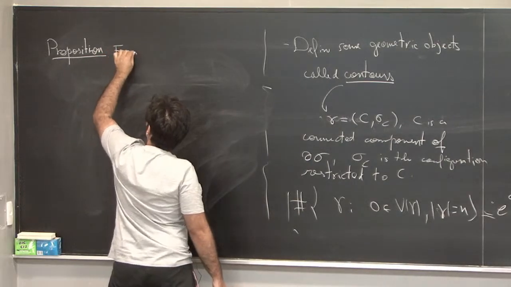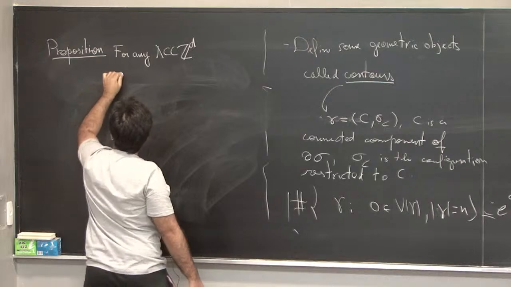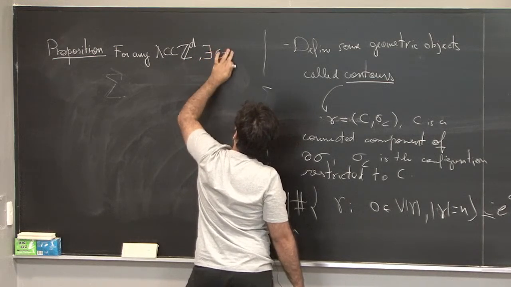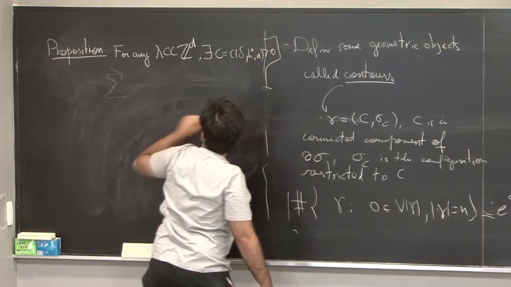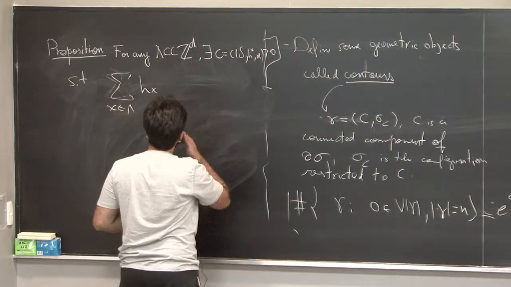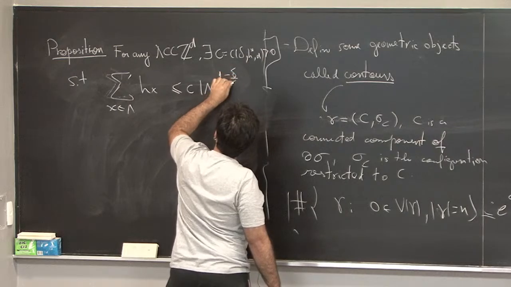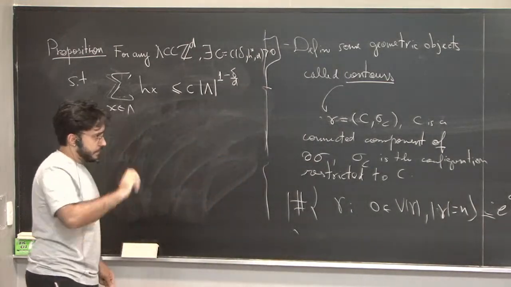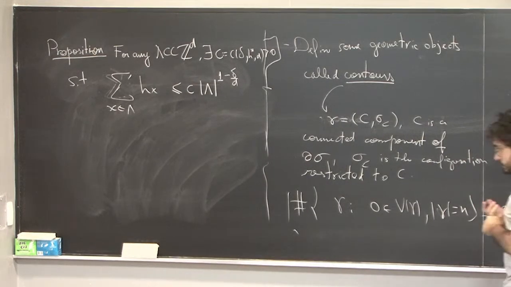For any finite subset lambda of Z^d, there exists a positive constant, which can depend on delta, h star, and the dimension, such that the sum of the field over x inside lambda is less than this constant times the volume with this exponent, 1 minus delta over d. And that is all good.